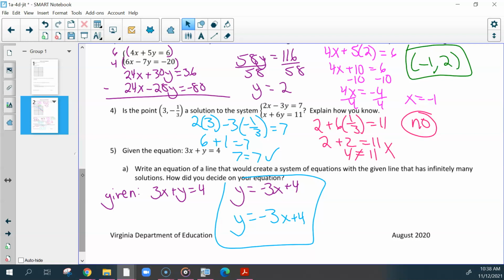So these would have infinitely many solutions because they're exactly the same. They're crossing at every single point along the line. In reality, you also could have just written this same equation again instead of converting it, because it still would have been the same.